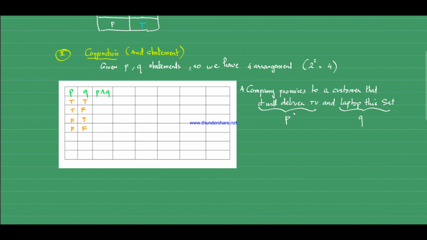If the promise is kept, then it will be true. Then if it cannot deliver one of these, it will be false, because the promise is broken. The promise will be broken here too. And of course, if it does not deliver any TV or laptop, the promise is broken terribly, right?